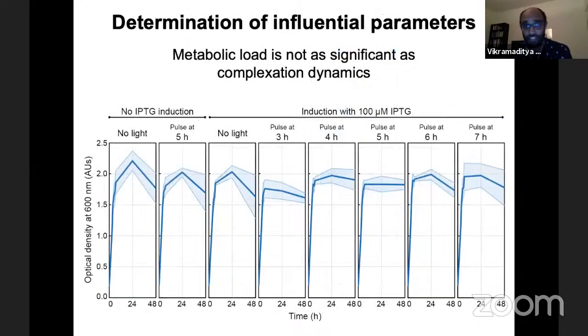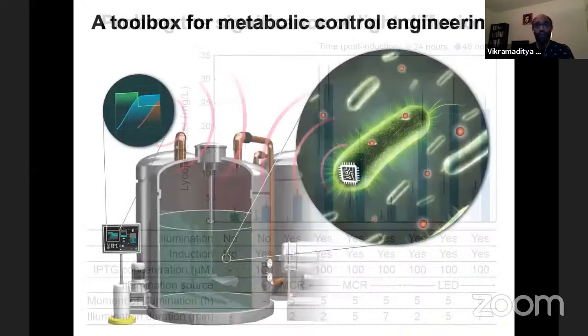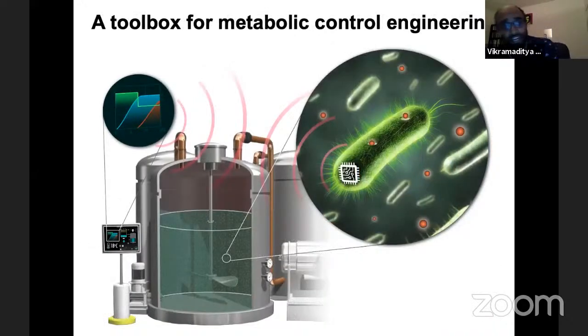And as you can see, without belaboring the point, the circuit performs as we intend it to do, and we are able to even identify and play around with parameters such as when to trigger the light, how long you should trigger the light for, and whether you should use something like an LED or a laser or a different source of illumination. So this example is essentially telling you how we are developing cells that can sense their environment.